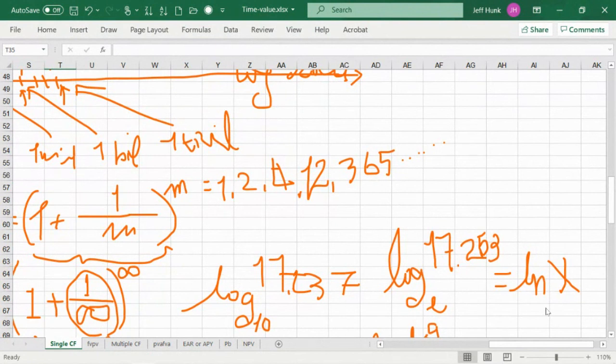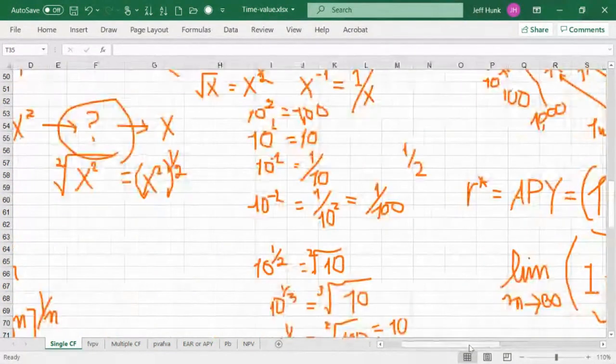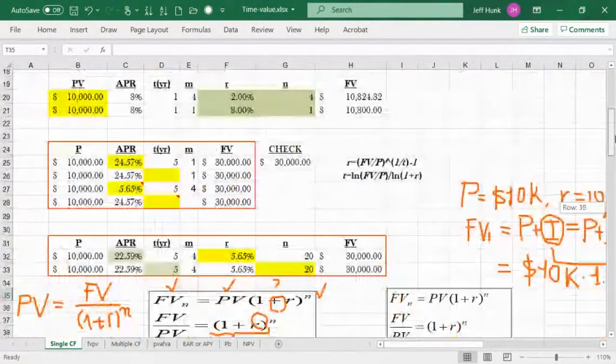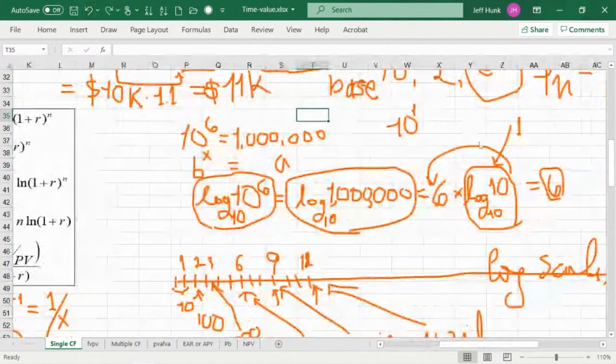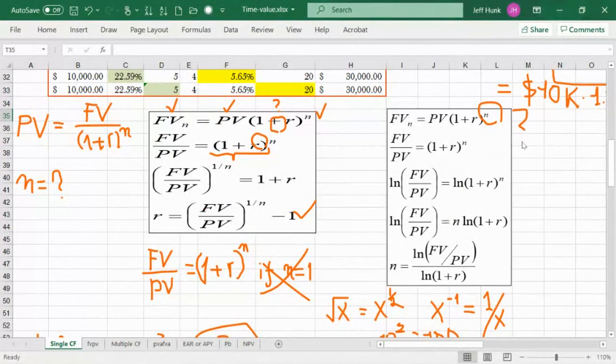we're going to be understanding natural log, right? Understanding natural log is key to solving this equation for n, right? You understand? It will be key to solving this equation for n. The point is, what is n?